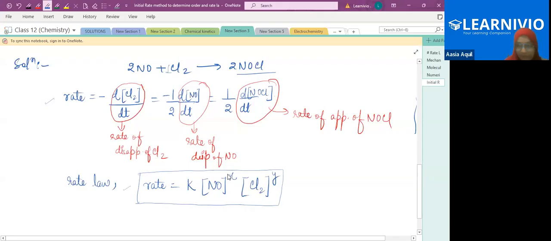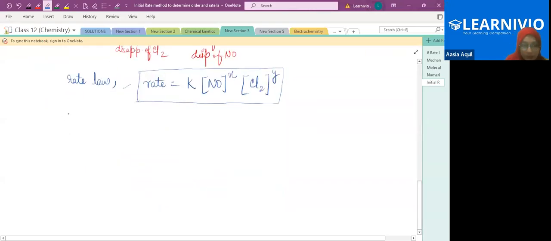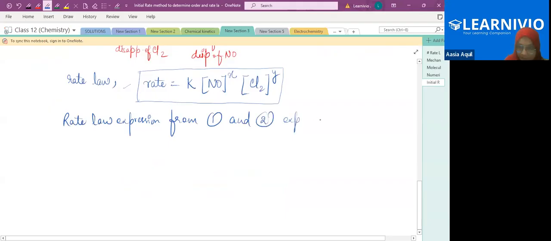Now see, the rate law expression from the 1 and 2 experiments. How can we write them down? Just write down the rate law.